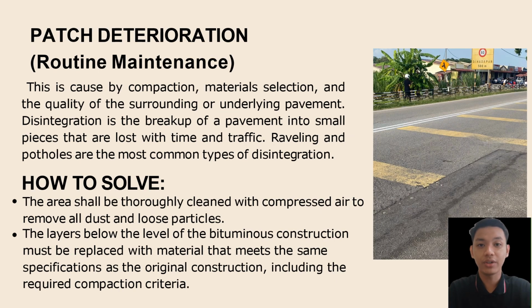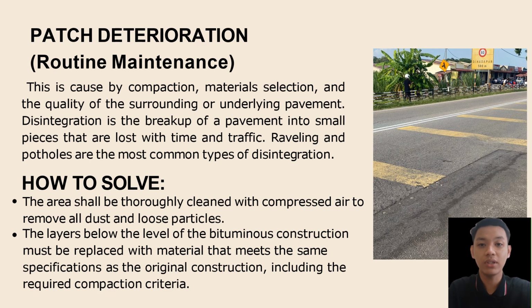Next is patch deterioration, which requires routine maintenance. This is caused by compaction, material selection, and quality of the surrounding underlying pavement. This is the disintegration of pavement, breaking up into small pieces that are lost with time and traffic. Ravelling and potholes are the most common types of disintegration.